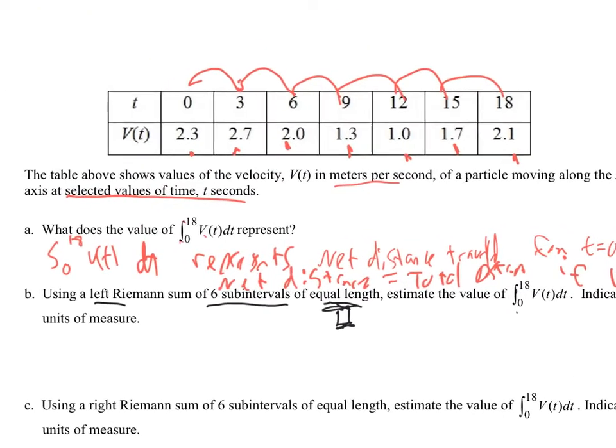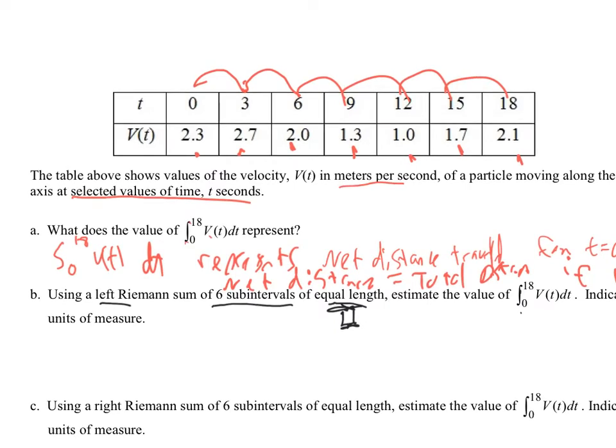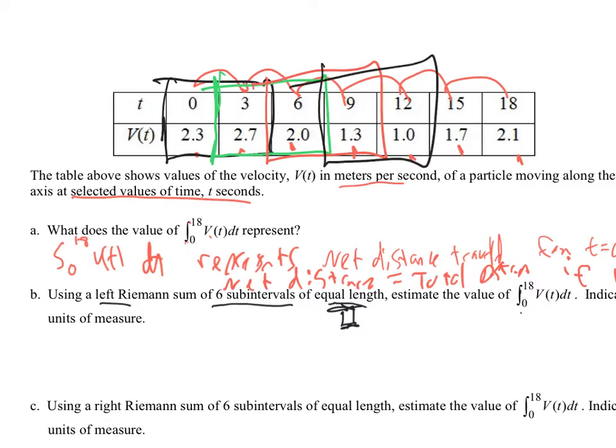So he wants 6 of them. So this would be a rectangle. Then I need to share the endpoint. There's one. Then I'm going to share this one. Share this one.